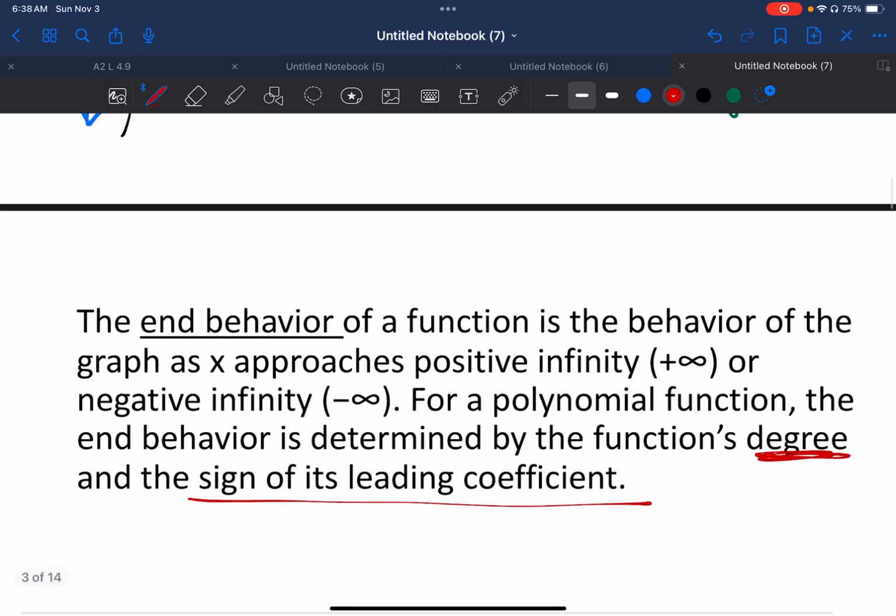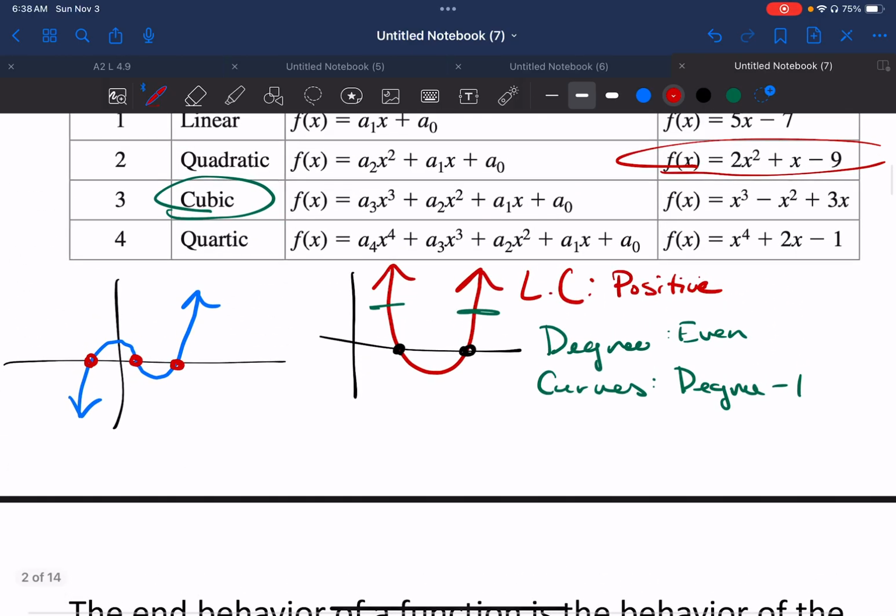So the end behavior of the graph is literally the behavior of the graph at its ends. So what is happening at the very ends of the graph? Now for the right side of the graph, that's as x approaches positive infinity.